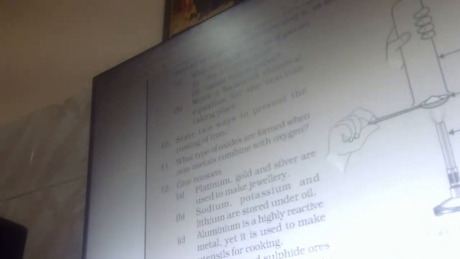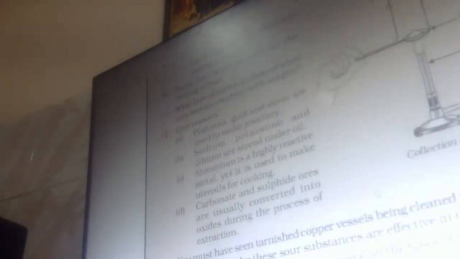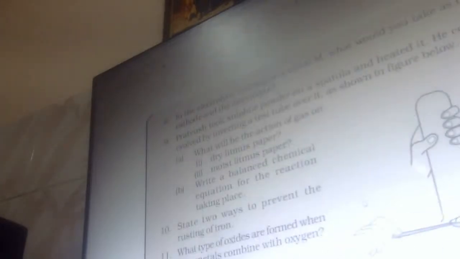Do you get sulfur dioxide, sulfur trioxide? Which question is this? Very nice, Pratyush. Try litmus paper.